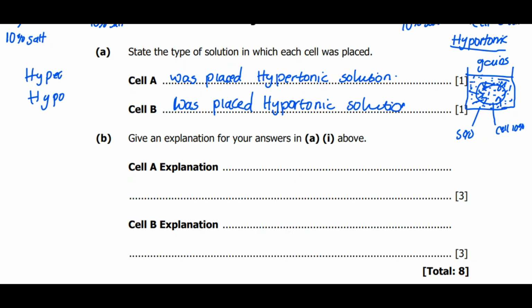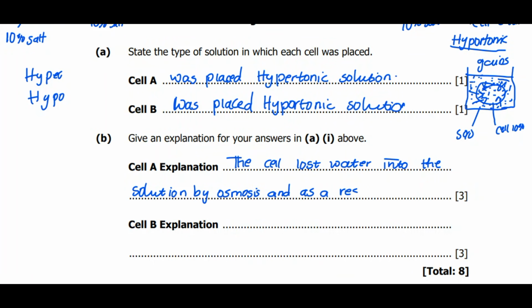So we can say, cell A explanation: the cell lost water into the solution by osmosis, and as a result the cell shrinked.